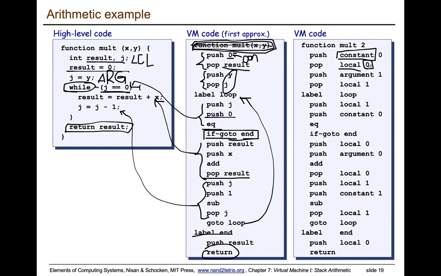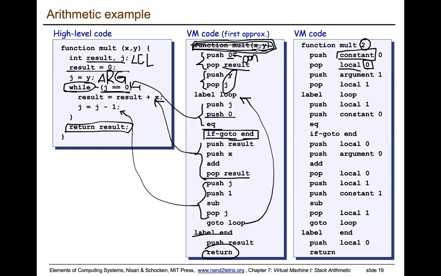Then I have the argument y. I have 2 arguments passing into the multiplication. So y is the second, x is the first.